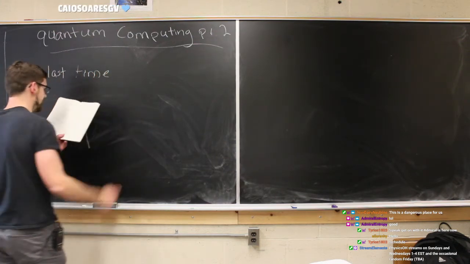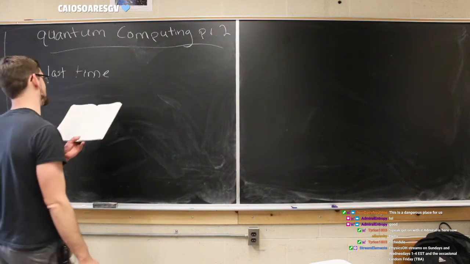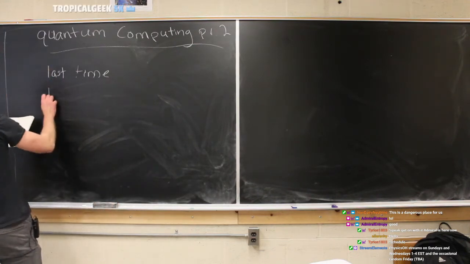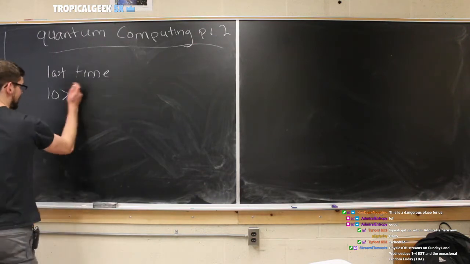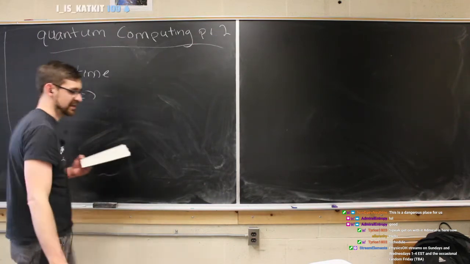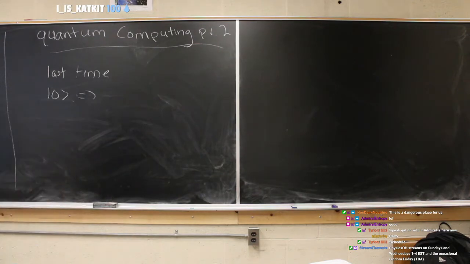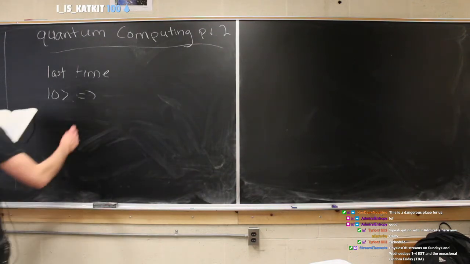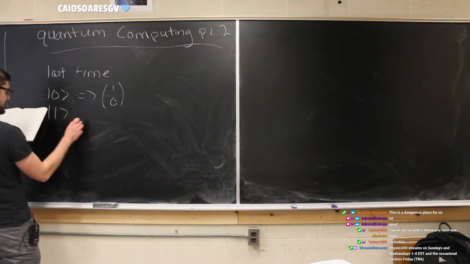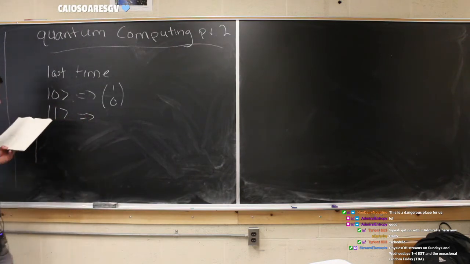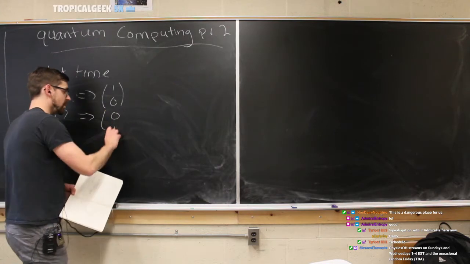They're analogous to the computational bits, 0 and 1, except that we use states, where the 0 state in vector notation is (1, 0), because we can establish the state vectors, right? And the state 1 in vector notation is (0, 1).